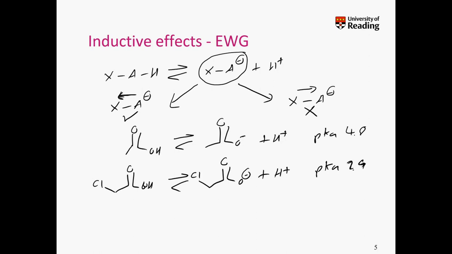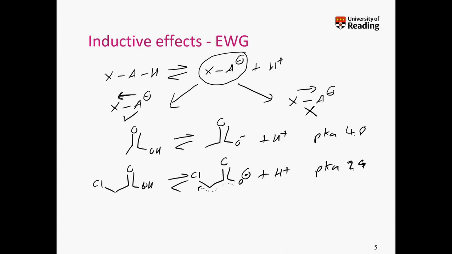And the reason that this happens is, as we get to this negative charge on this anion, the chlorine is very electronegative, as we said, so it's going to be drawing any free electrons towards itself. And it can do that through the sigma bond slightly. So what we're effectively doing is taking this lone pair of electrons, or this negative charge, and slowly moving it through the sigma bonds, through those orbitals.